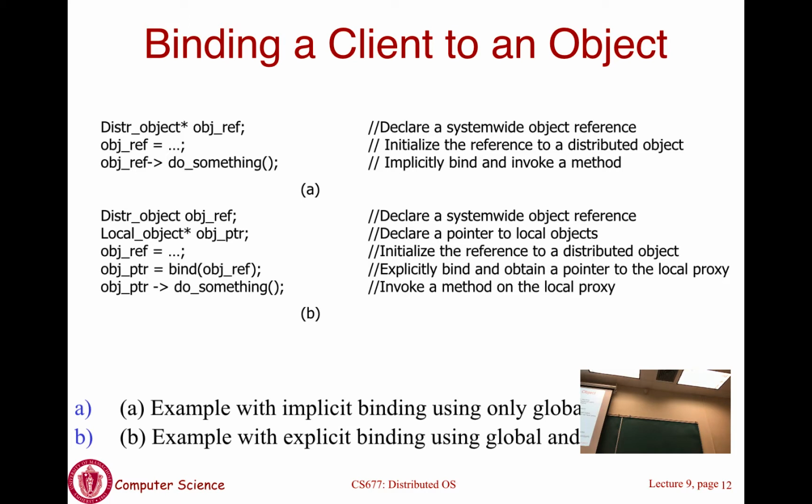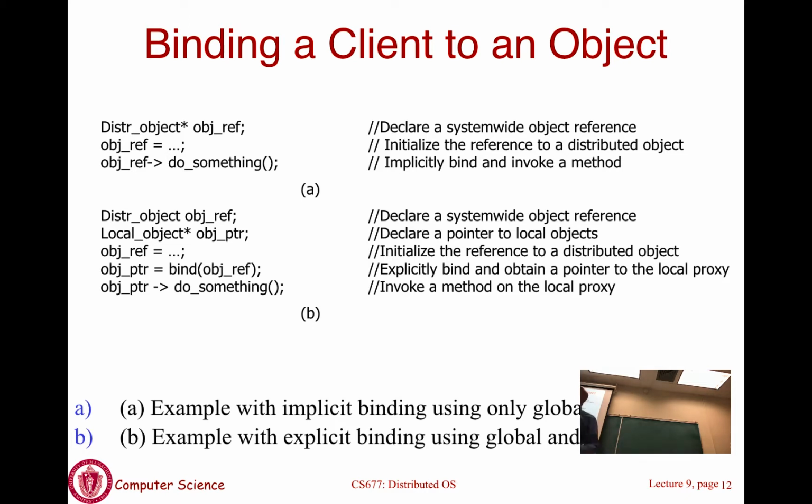In explicit binding, you have to make an explicit call before you can make RMI calls on that object. These are two different methods that both do binding. One happens at first invocation, the other happens explicitly. So depending on the language, you will have to do one or the other. That will be the decision of the runtime system, whether it requires clients to do implicit or explicit binding.